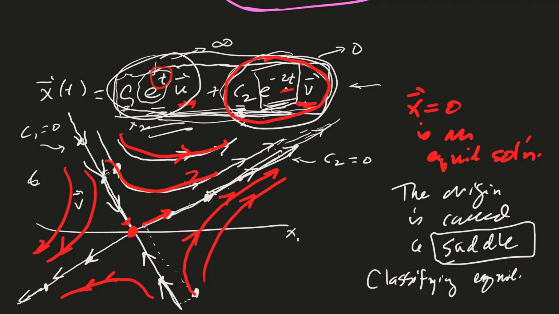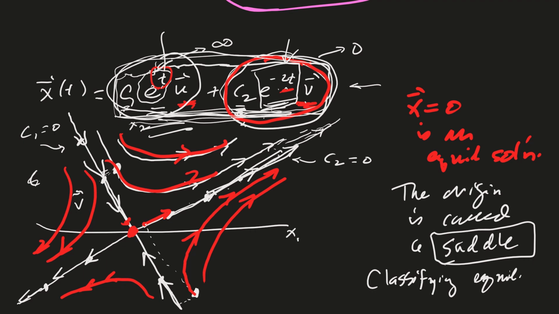In this case it's a saddle. Good. All right. And so for a saddle, we have different signs up here. One is a plus and one is a minus. And you notice that almost all solutions go to plus or minus infinity.